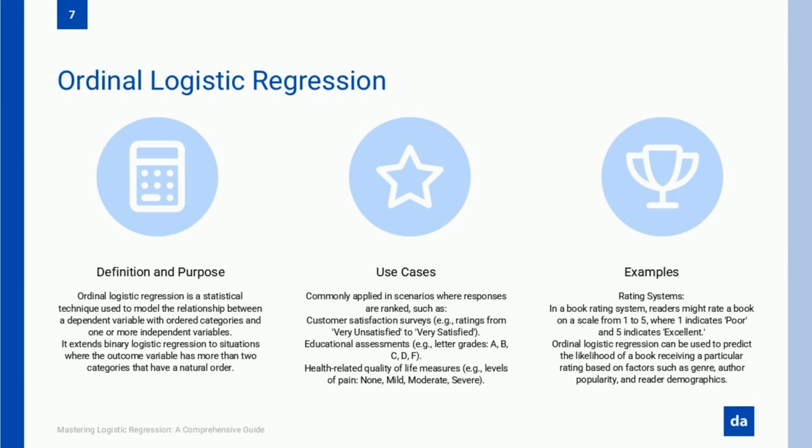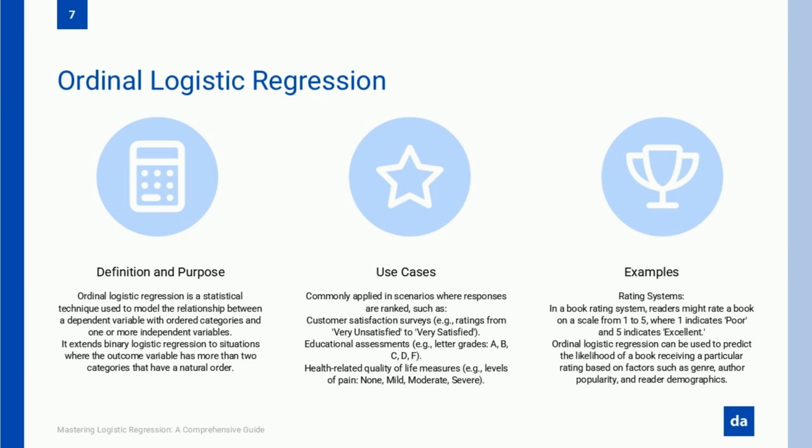What's the probability they are very satisfied? It stacks the probabilities in a way that respects the ranking structure. That's a huge improvement over multinomial logistic regression, which treats each category as if they were unrelated, even when they clearly follow a sequence.